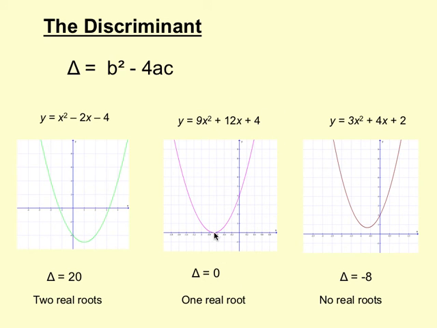And you can see it's just touching at one point, 1 real root. This one, however, you do b squared minus 4ac, you get negative 8. It means there's no real roots. I'm not going to talk about complex roots here, but you may know something about them already, so you can explore that when you get negative discriminants.